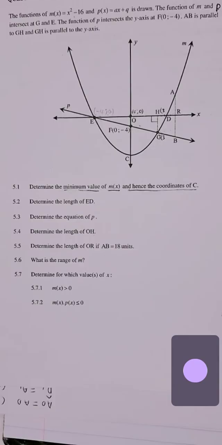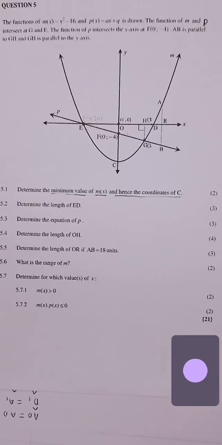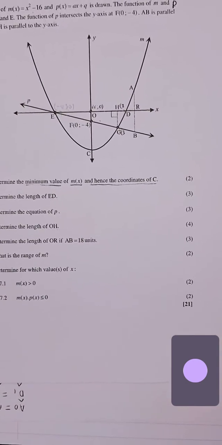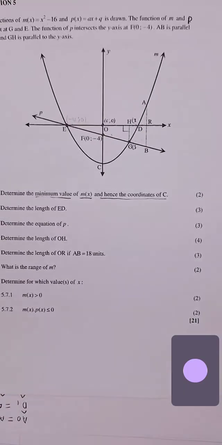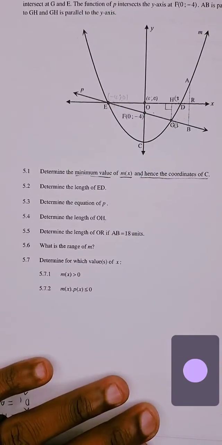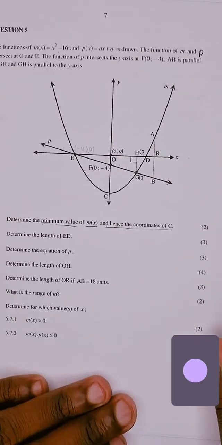So yeah, the length of OH is 3 units. Done and dusted. I don't know if there's any other people down there that have questions. Okay, but anyways, if not, then we can go on. 5.5, determine the length of OR.